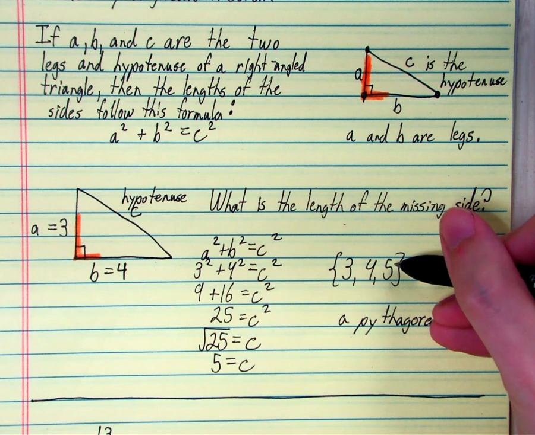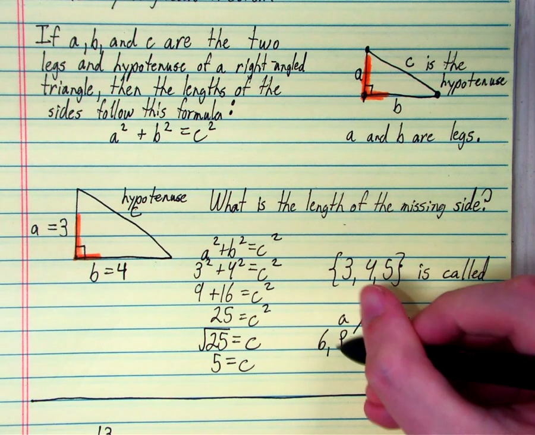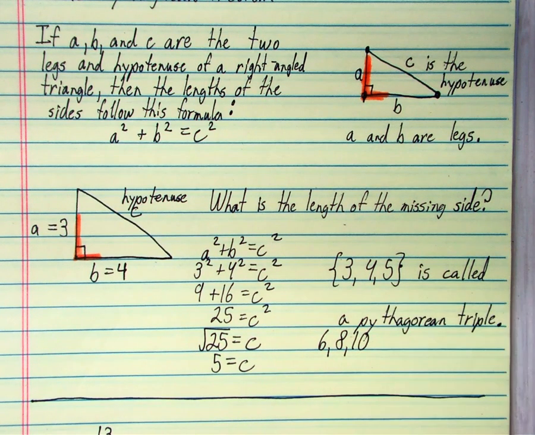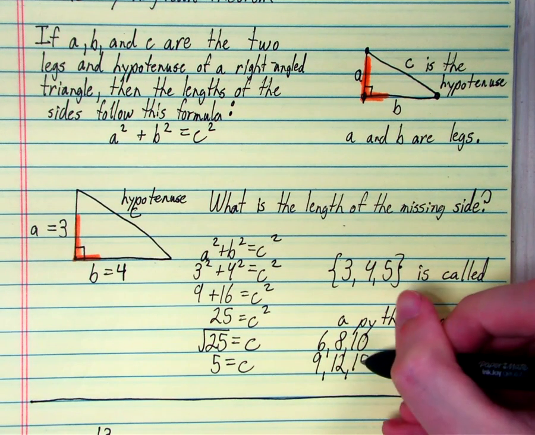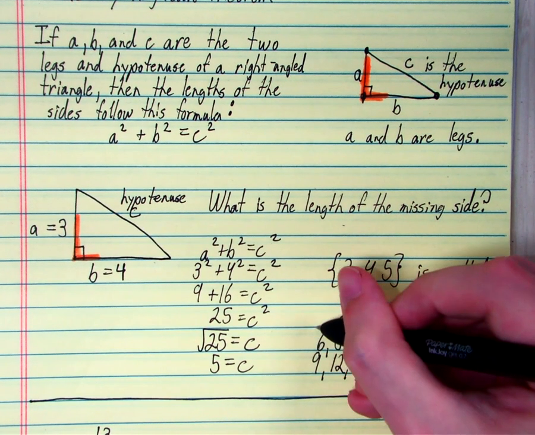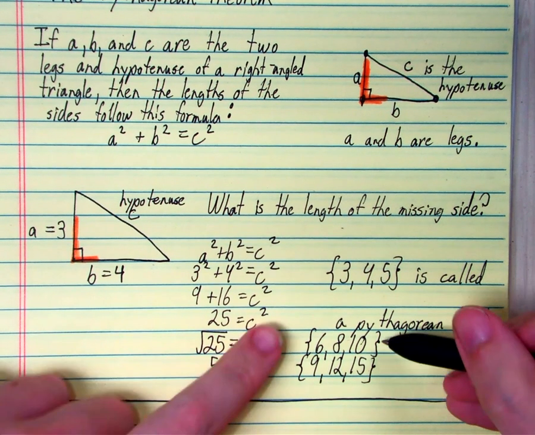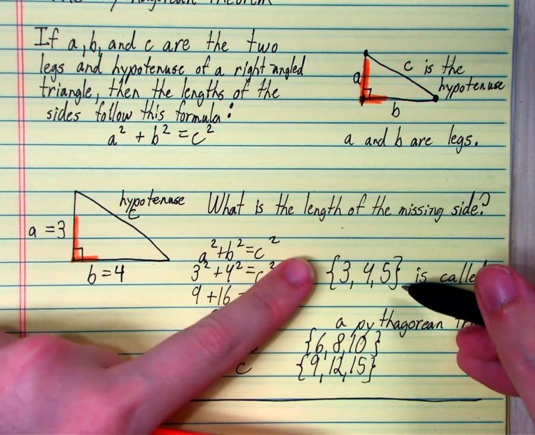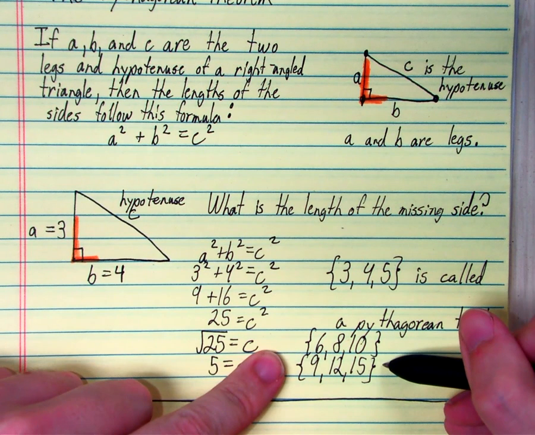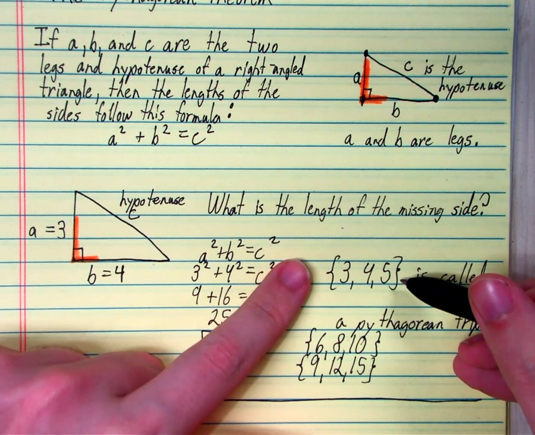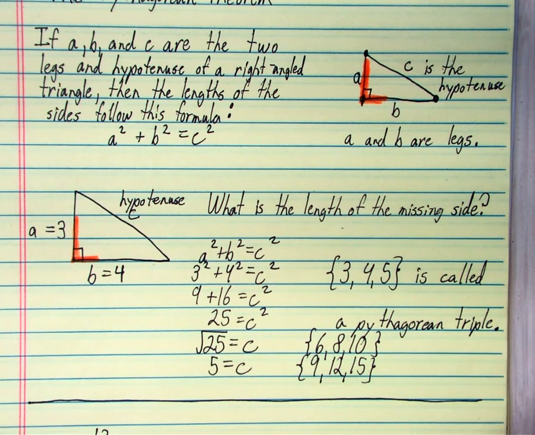So because I know 3, 4, 5 works, I know that 6, 8, 10 would work, and I would know that 9, 12, and 15 would work. Because 6, 8, and 10 are just 3, 4, and 5 multiplied by 2. And 9, 12, and 15 are just 3, 4, and 5, each multiplied by 3.